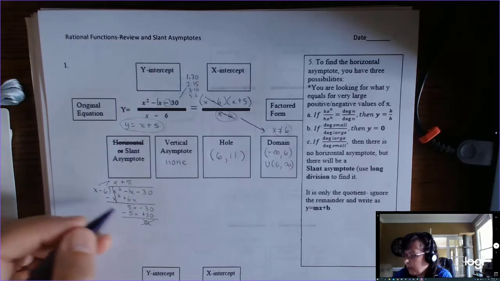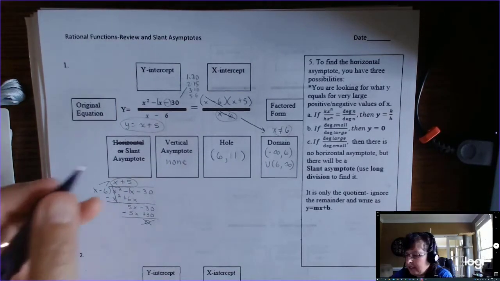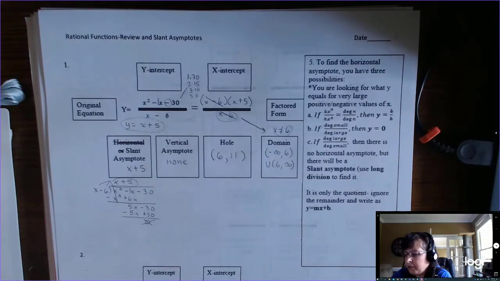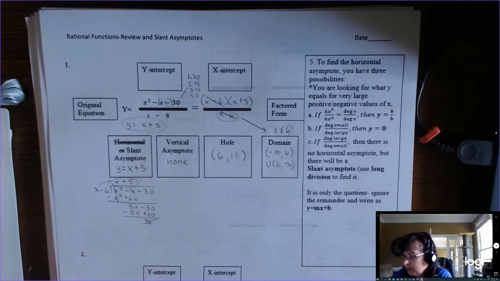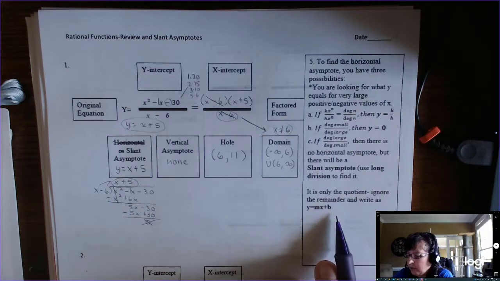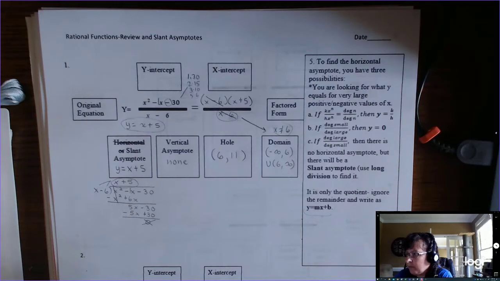Okay, so anyway, don't worry about the remainder. The quotient is where your slant asymptote comes from. Don't just write x plus 5. That's an expression. An asymptote is a line, so you want to make sure you put a y equals in front of it. Okay, so make sure you put your slant asymptote in that form.